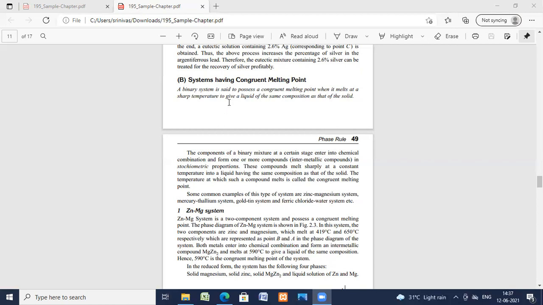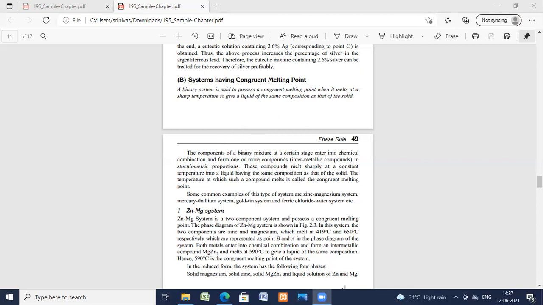An example is the magnesium zinc system, a binary system. The binary system possesses a congruent melting point, and when it melts, it melts at a sharp temperature. It gives a liquid of the same composition as that of the solid.